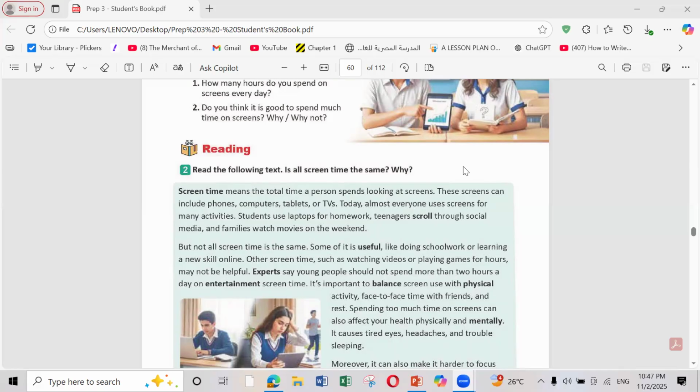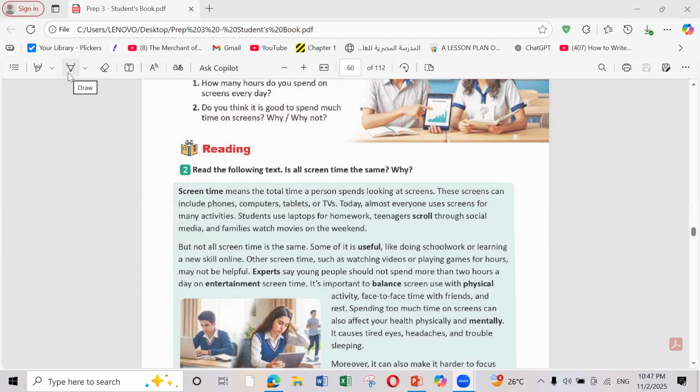Some of you use the screens for entertainment, and some of you use the screens for studying and researching. Let's read the lesson and find out about these benefits or advantages and disadvantages of looking at screens.